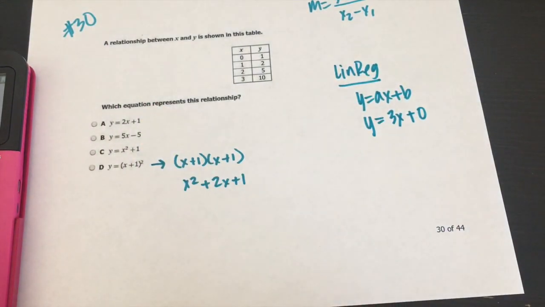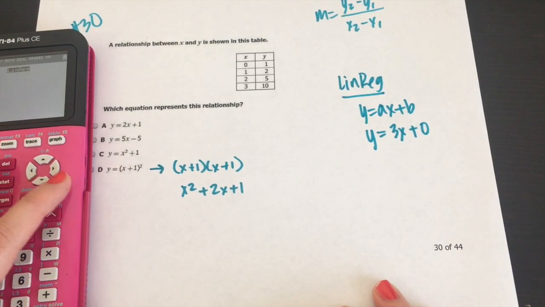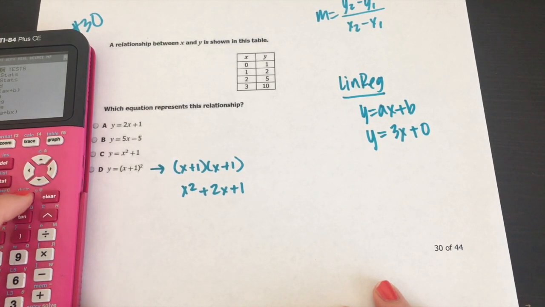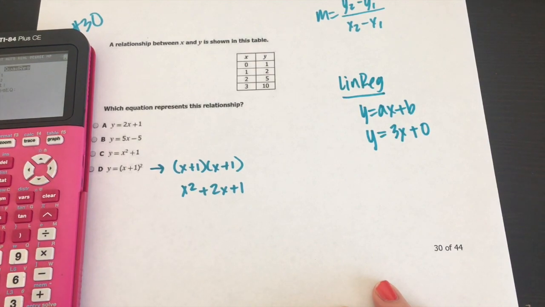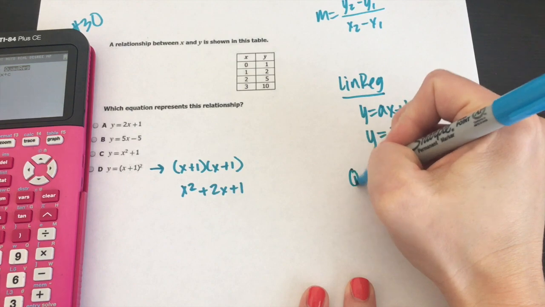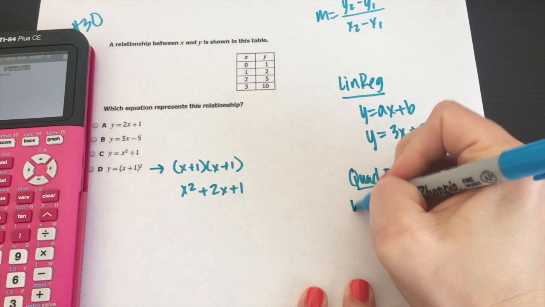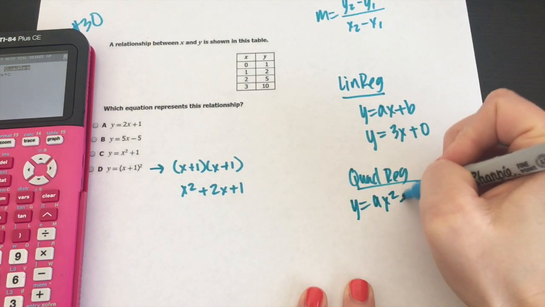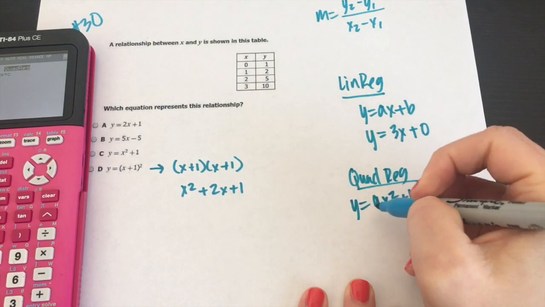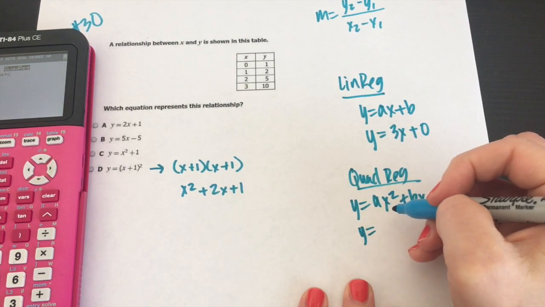All right, that is not listed on our paper. So let's try that other one. Stat Calc, Quadratic Regression. Let's see what that one says. And enter. This one is, remember standard form, ax squared plus bx plus c. So that's going to be a is 1. There's not a b.